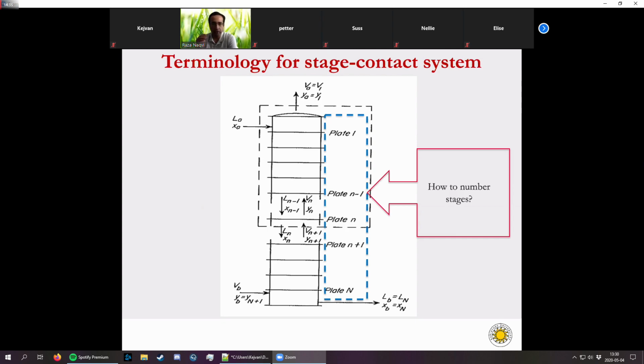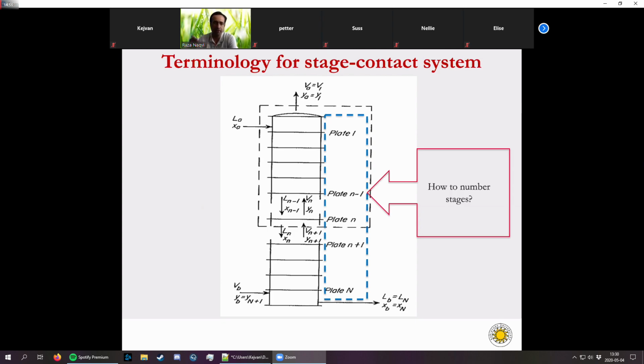So if the liquid is moving from bottom to top, we start from the bottom. And if the liquid is flowing from the top, then we start numbering our plates at the top of the equilibrium stage system. Normally, this is the case in absorption.